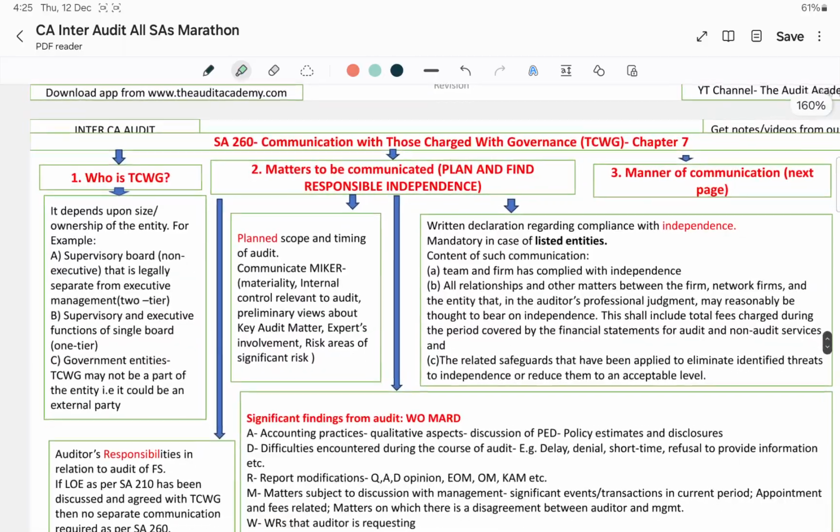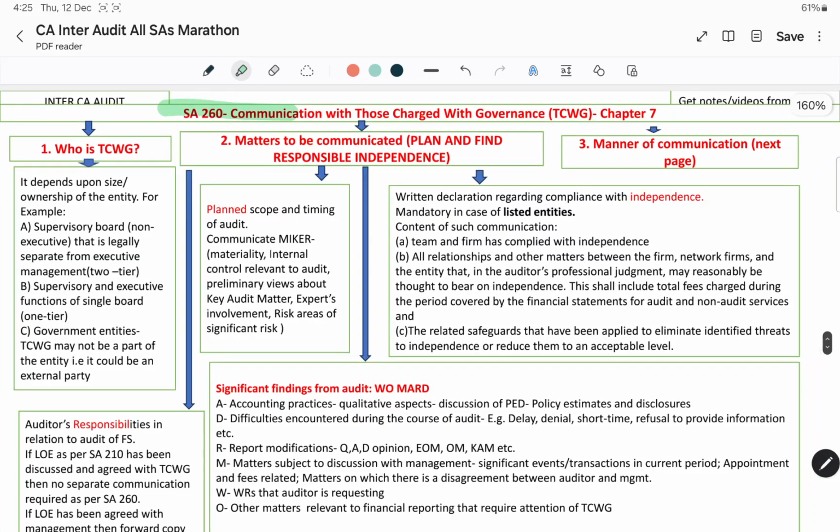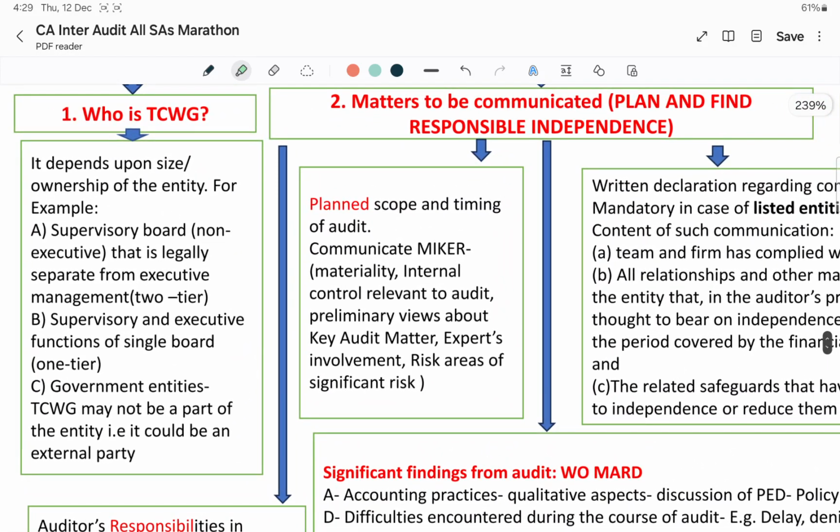Now we are going to revise the next SA, SA 260, communication with those charged with governance. First, who are those charged with governance? It depends upon the size and ownership of the entity.